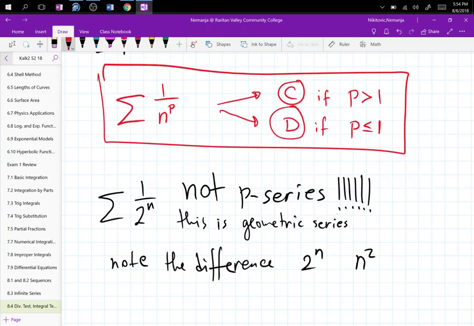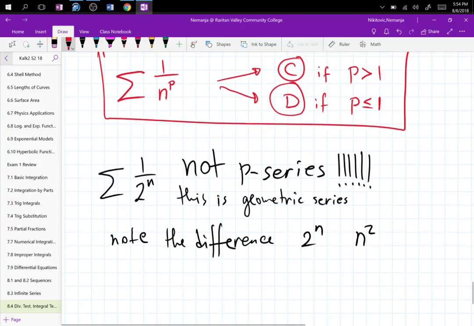So this is the simplest test of all 10 tests. This is the easiest one, followed by geometric series, followed by the nth term test. The integral test probably rates as the most annoying one. It's definitely the longest because it's the most computationally intensive.